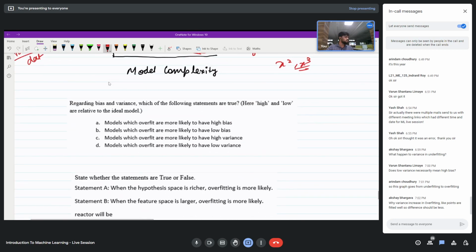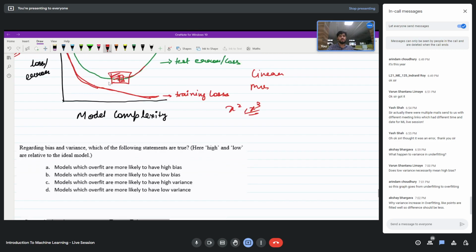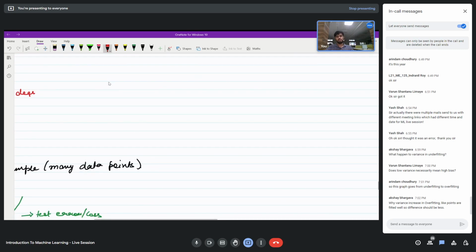So here are some questions that you can see. The question is: why does variance increase in overfitting? Like, in underfitting also, the difference should be less. Okay. Why does variance increase? So the variance that you're looking at is, I'll again draw that example. Let's say these are some points that I had. You fitted it like this.